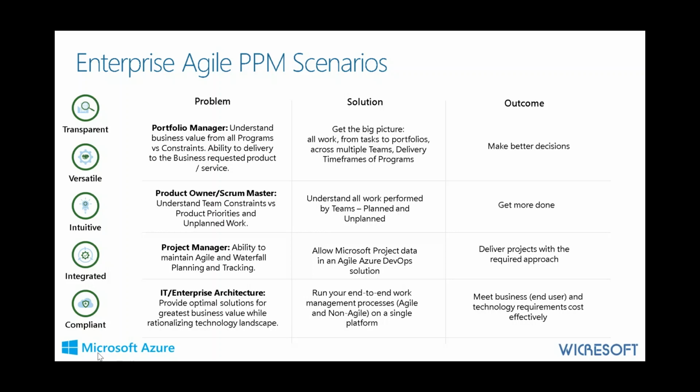And then finally, from an IT enterprise architecture perspective, what we're trying to do is leverage the Microsoft Cloud solutions and avoid duplicity, so that we can see all of the work on a single platform and meet the end user needs of being able to manage agile and non-agile, while at the same time lowering cost and maintaining the least number of applications.